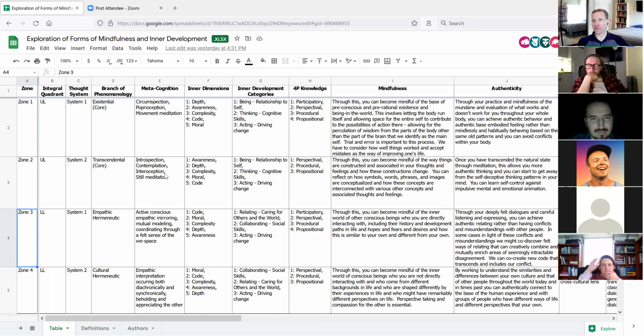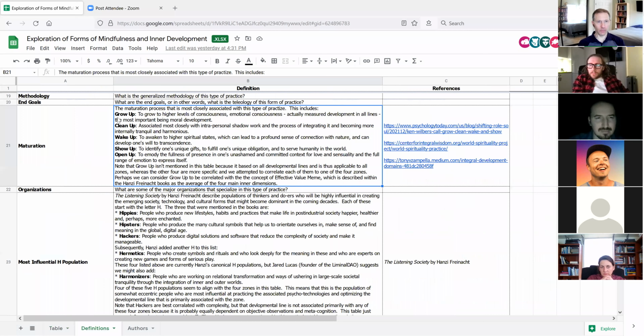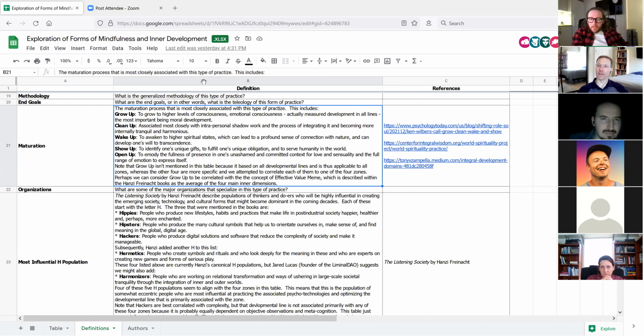I was just suggesting a way to do that. Emil was pointing out this definition, which I just copy pasted here. If we were to say grow up is a way of conveying the concept of the effective value meme to a broader audience, we would need a corresponding definition.